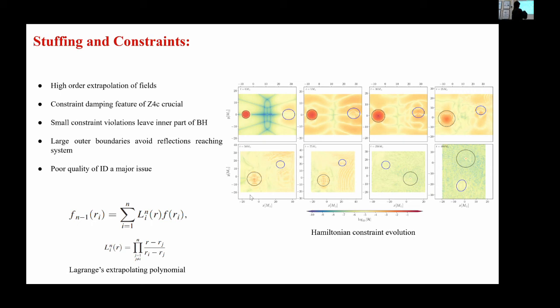And then there are some other challenges which we can discuss. But the most important challenge that we face is the quality of initial data that we have at hand. And as I said, LORENE is a very old code, so now not being maintained, it had issues in producing accurate initial data. So this will be the motivation for us to move to more accurate Elliptica or FUKA solvers.